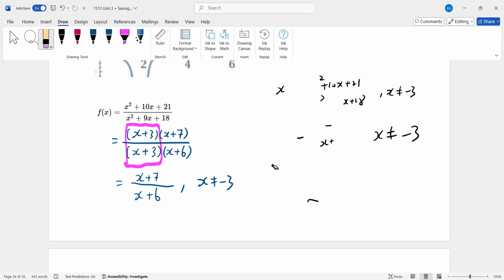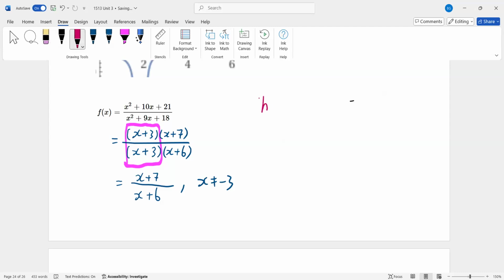So when the numerator and the denominator have a common factor, that's how we know the rational function has a hole. It has a hole at x equals negative 3, because negative 3 is not in the domain. And the vertical asymptote is x equals negative 6.